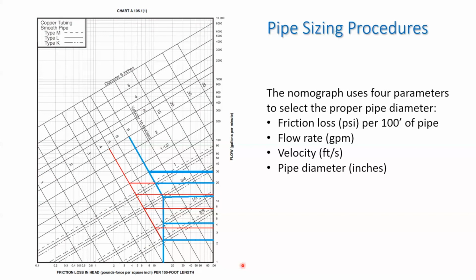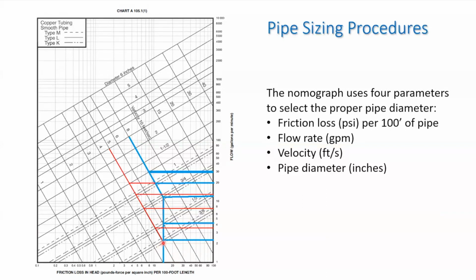In the example that I used before, at 15 PSI, you would start here and draw a vertical line to your velocity limitation. For cold water, for copper pipe material, the velocity limitation is 8 feet per second. So you would run your vertical line until it intersects the velocity diagonal.